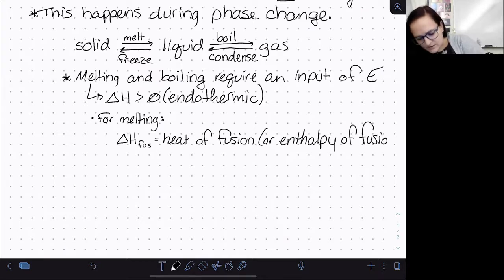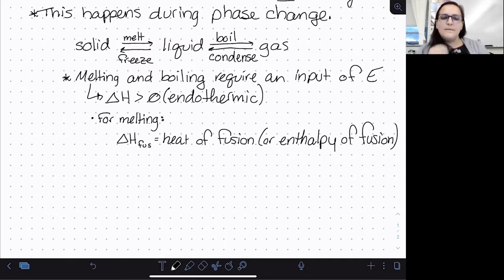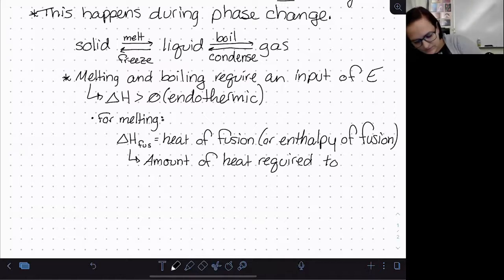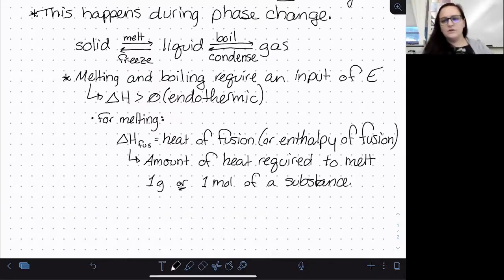Those two terms are used interchangeably. So this is the amount of heat required to melt a particular amount of substance, usually expressed as either 1 gram or 1 mole. So you would need to look at the unit that was given to know which one you were working with, but it's always heat per some quantity of stuff.